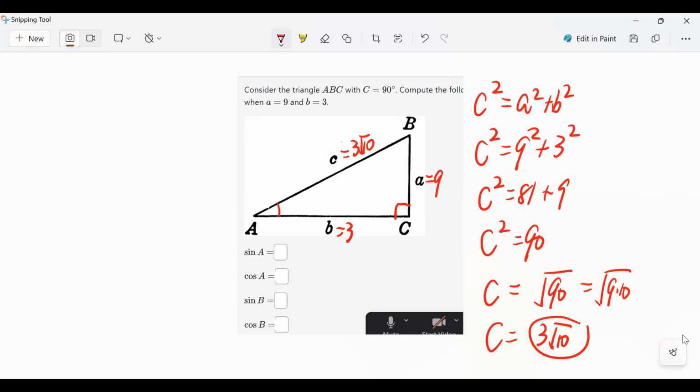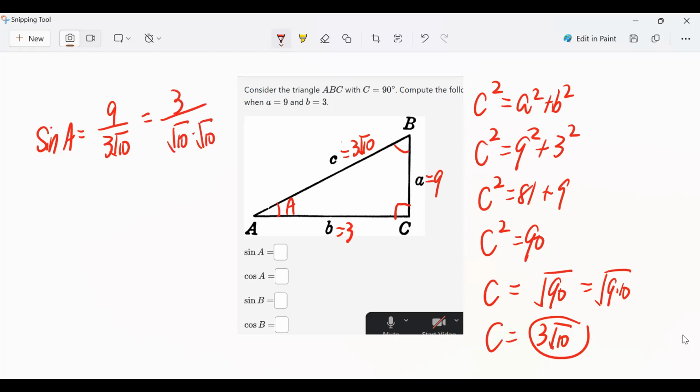Now this is angle A, this is angle B. Sine A is the opposite, 9, over the hypotenuse, 3 radical 10. We reduce it: 3 goes into 9 three times, so 3 over radical 10.